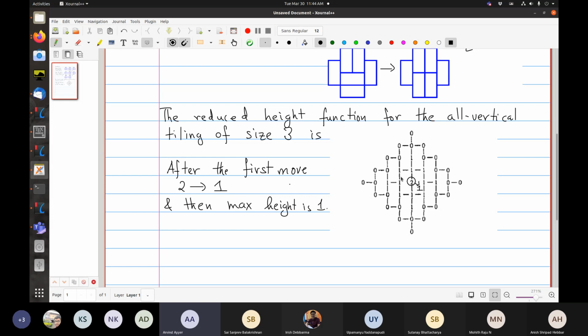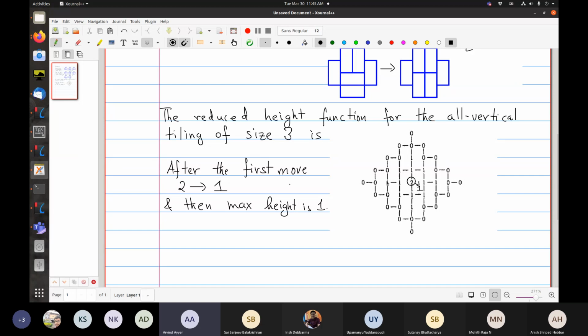If you do that, you might end up with something contradictory. You have to pick a value such that it's the center of a 2 by 2 square for which you can make an elementary move and turn it around. So you could pick this one or this or this or this. You cannot pick this, and you cannot pick this again, because if you pick this again, you will get height 2, which is the wrong way.